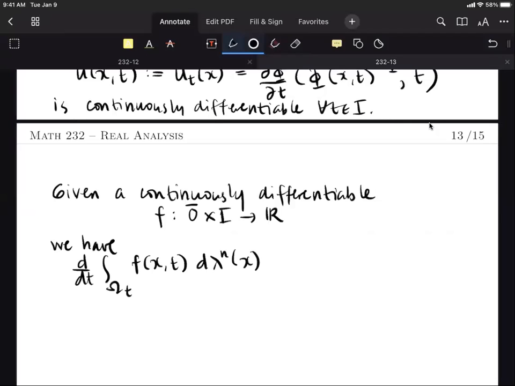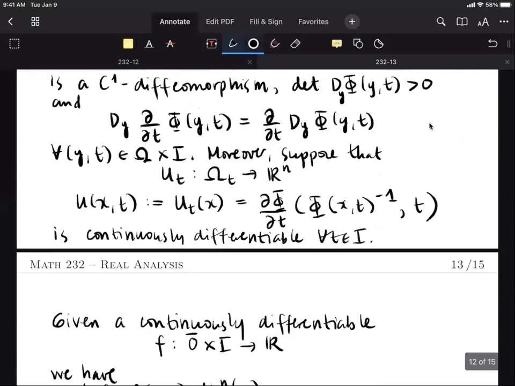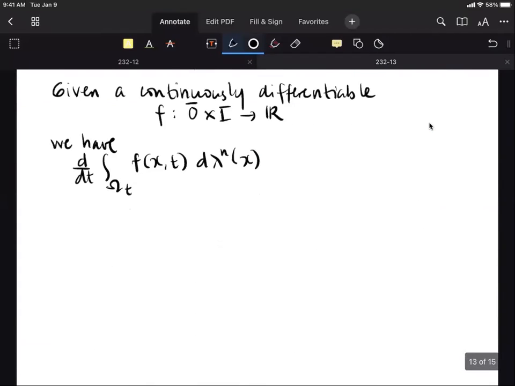So this is the problem that we were looking at a while ago, to calculate the derivative of this integral. This is the same as the integral over omega t. First you take the derivative of the integrand with respect to t, plus, okay, the effect of this, quote-unquote, moving domain would be the sum.